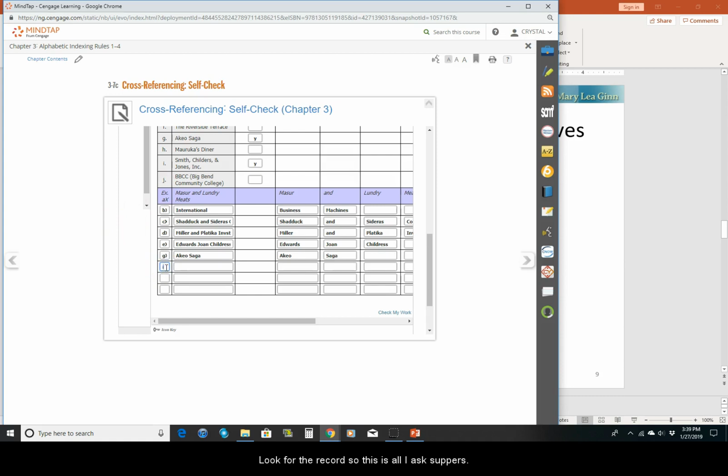So this is IX. So first, we're going to do Childers, Jones, and Smith, Inc., and we index it.